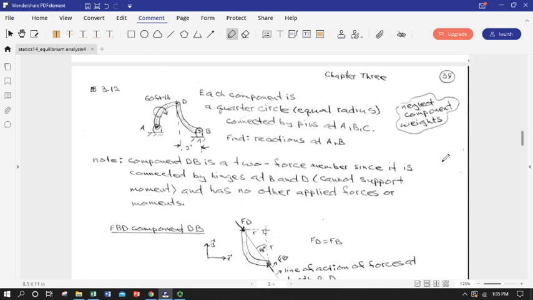Okay, so we have another example. This time we have curved members. So someone has 2 half or quarter circles. So each component is a quarter circle. So if you're going to draw a point at the theoretical center, that would be 90 degrees to the middles of those.